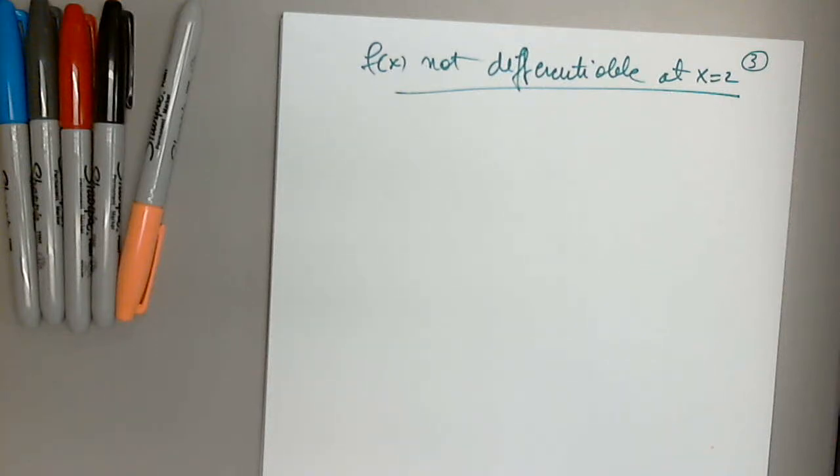From the right, the slope is 1. From the left, the slope does not even exist. Any questions?